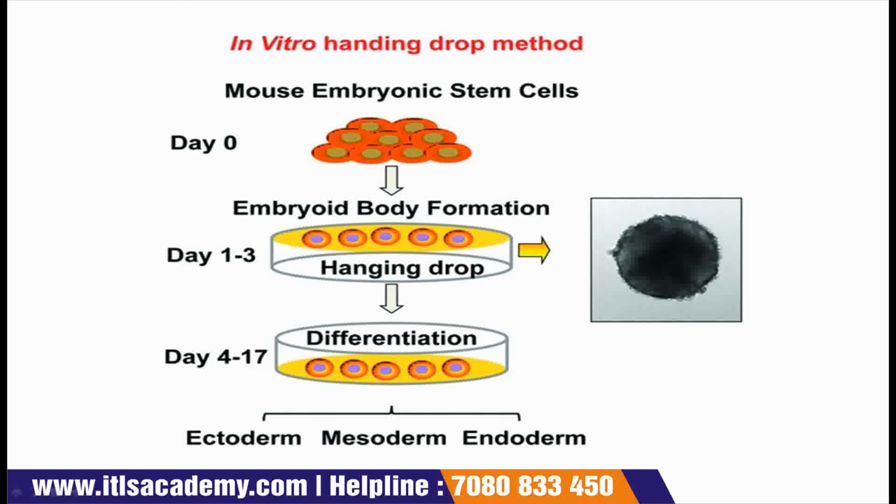Here you can see the in vitro hanging drop method for culturing of these pluripotent embryonic stem cells. If we talk about the procedure, these are mouse embryonic stem cells. These are at day 0.